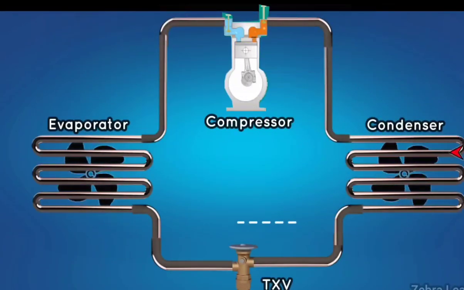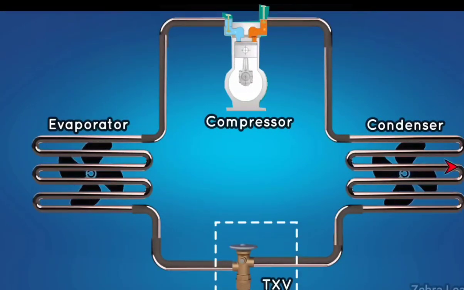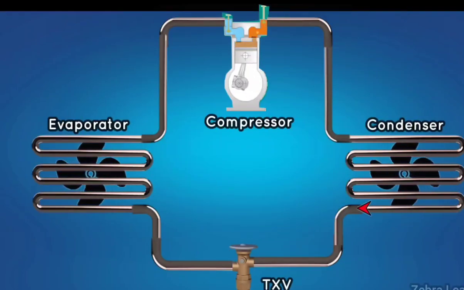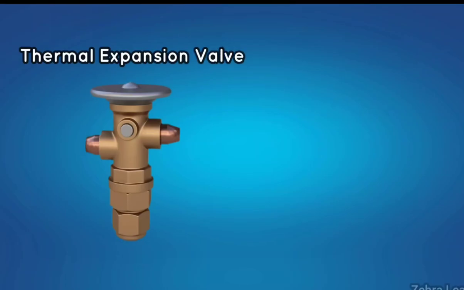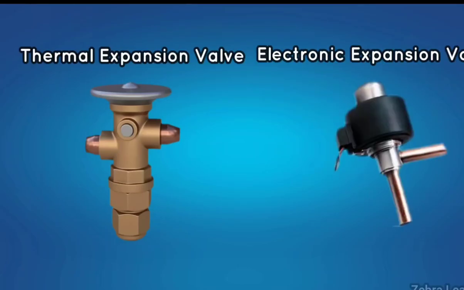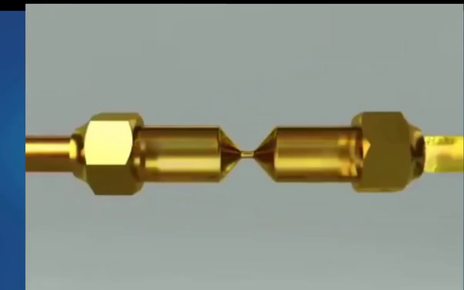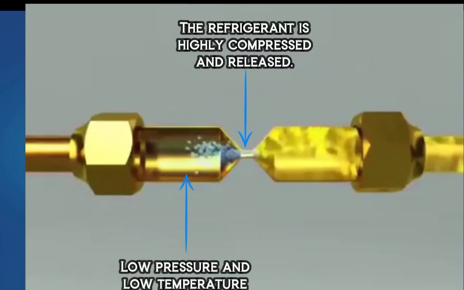Next, the refrigerant goes to the expansion valve. Although there are many types of expansion valve, thermal expansion valve is mostly used in many places. The most advanced of these is the electronic expansion valve. But whatever the expansion valve is, its important job is to reduce the pressure of the refrigerant that comes from the condenser at high pressure.